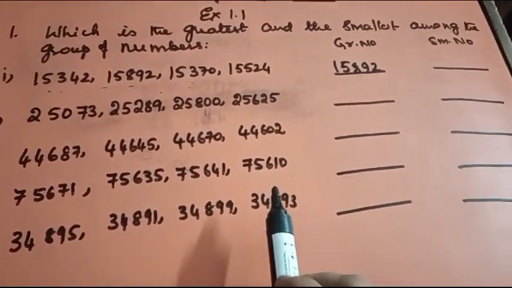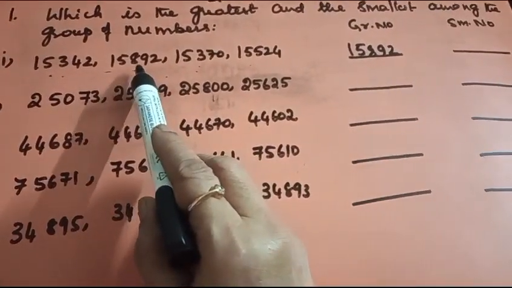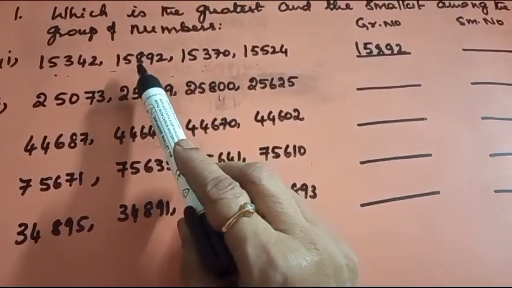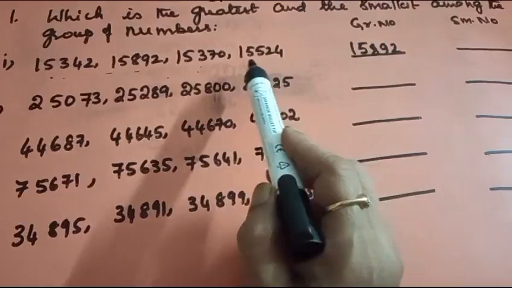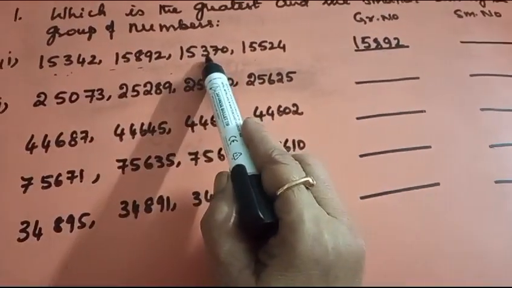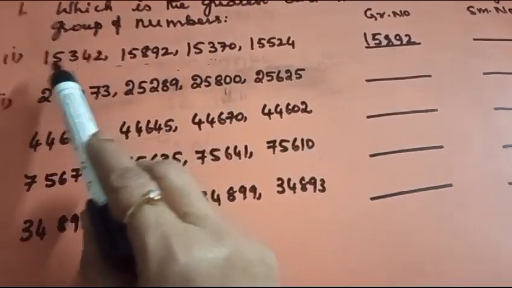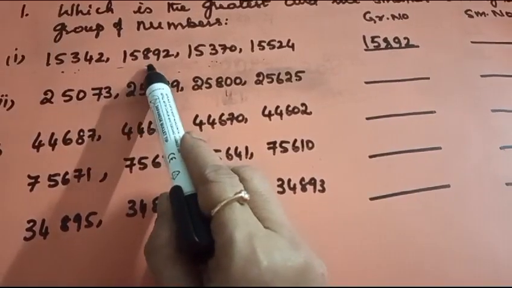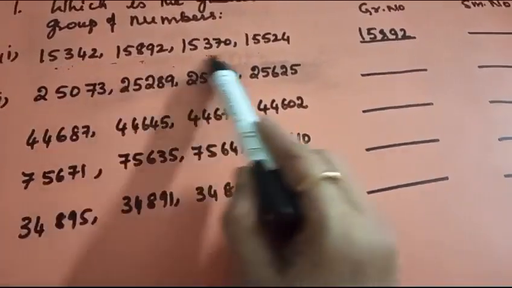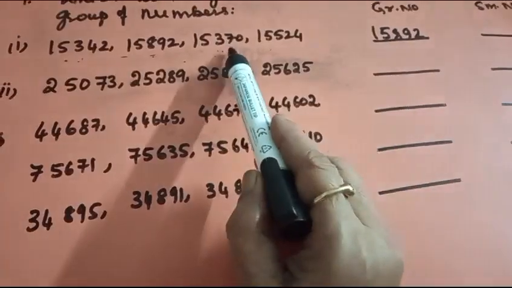Now we go for the smallest one. We have identified that it is in the hundreds place. Here you have 3, and here also you have 3. Both of them are 3 only. If all were different, you could identify the smallest, but here these two are the same.